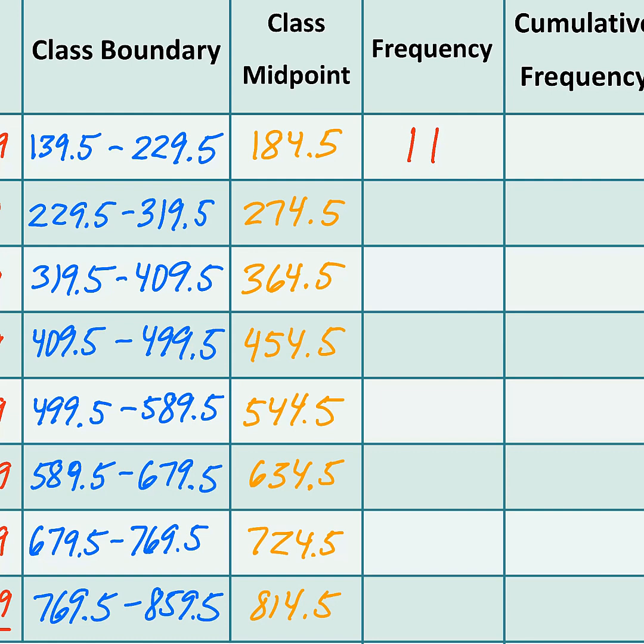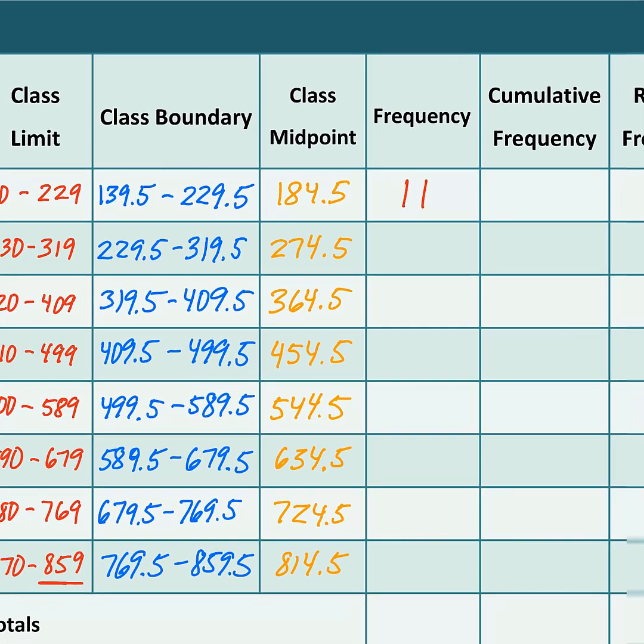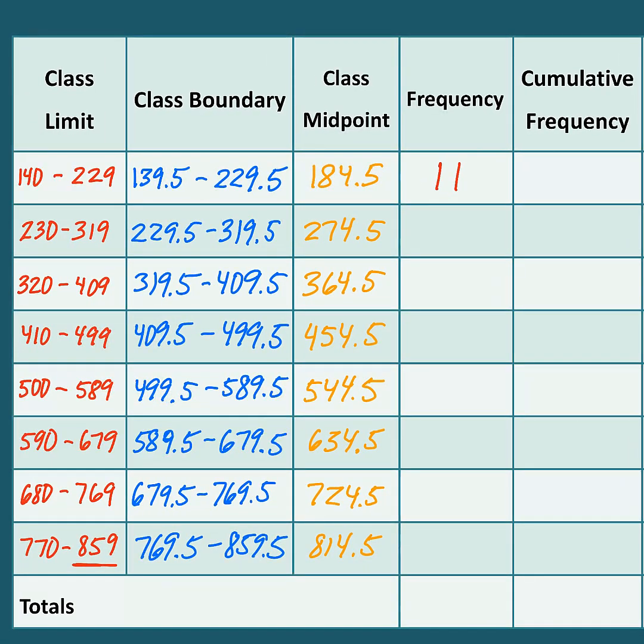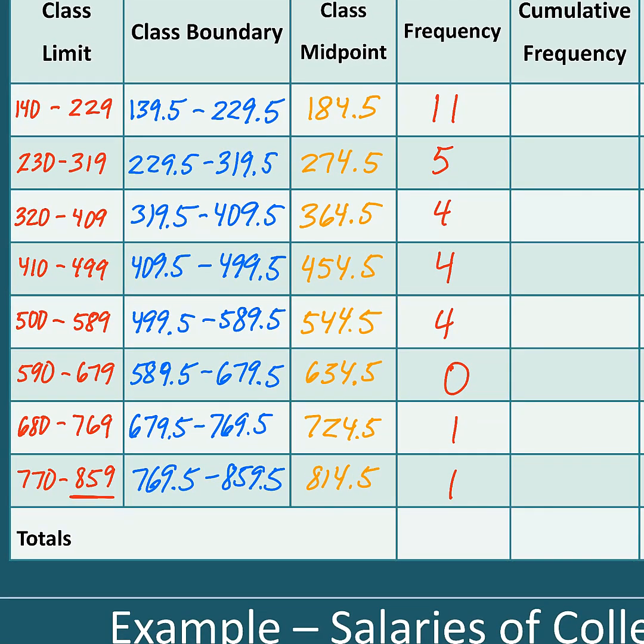Now at this point, since we have done so many of these, I believe we can pause the video here, refer to your table of data on your student notes, and go ahead and fill in the rest of these frequencies. Adding up these numbers, we should end up with 30. It should make sense.